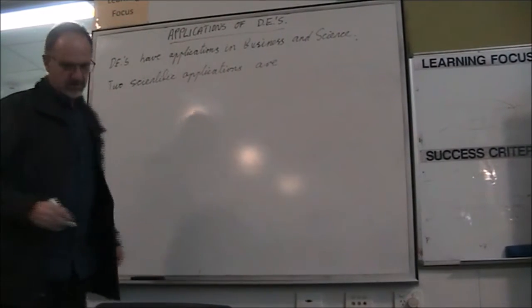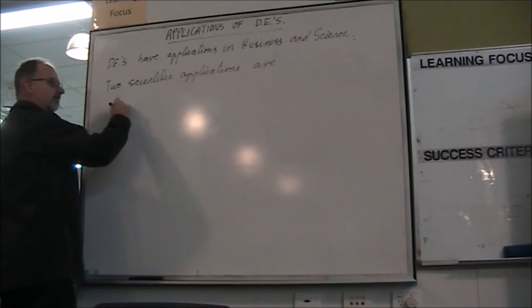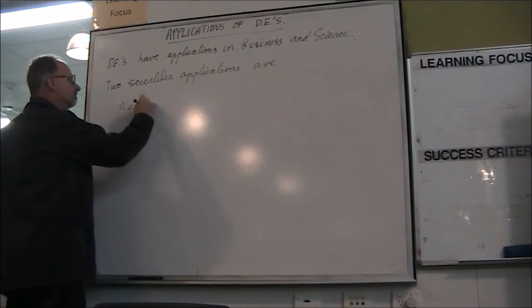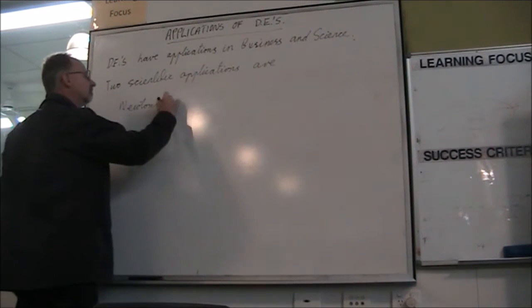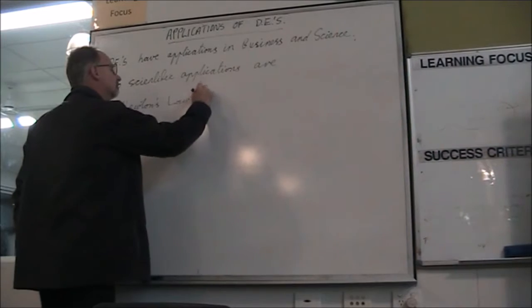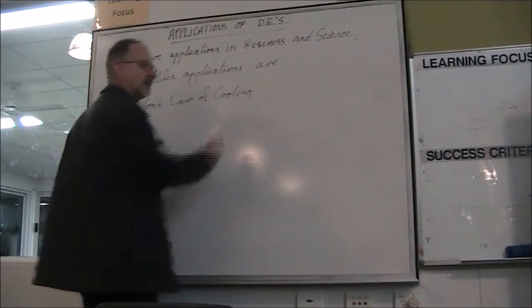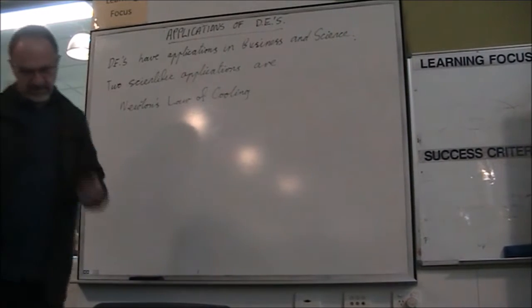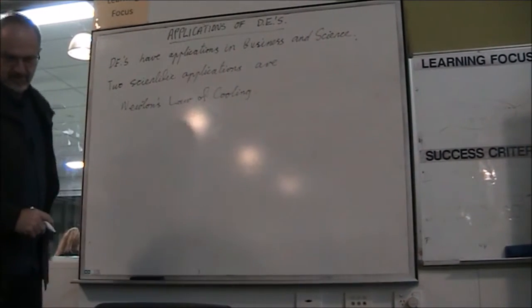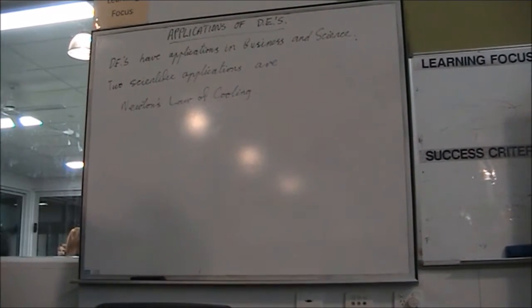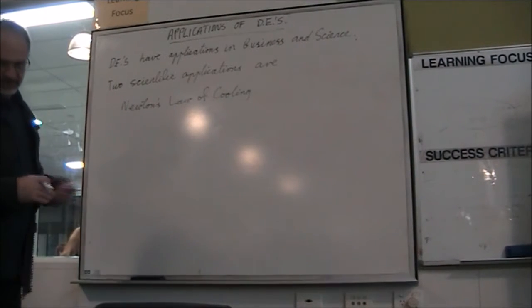All right, so the first one's what's called Newton's law of cooling. And that relates to the rate of cooling, or the temperature of something over time.